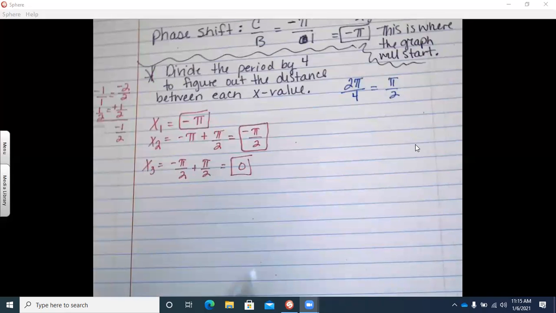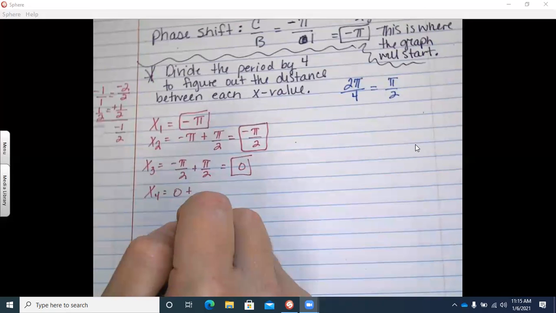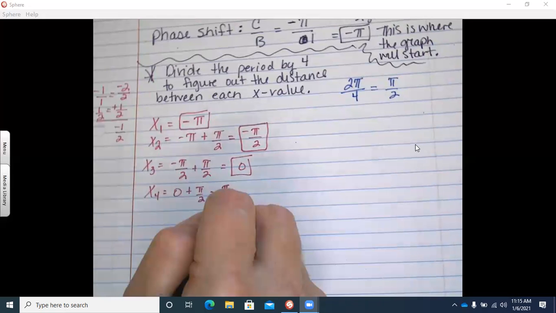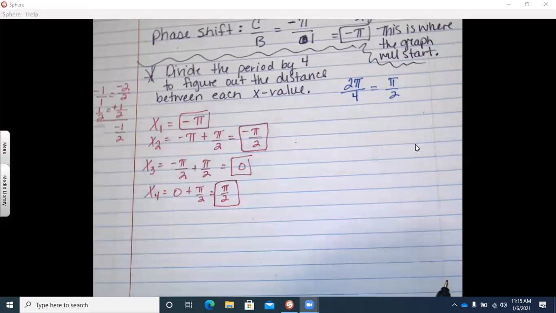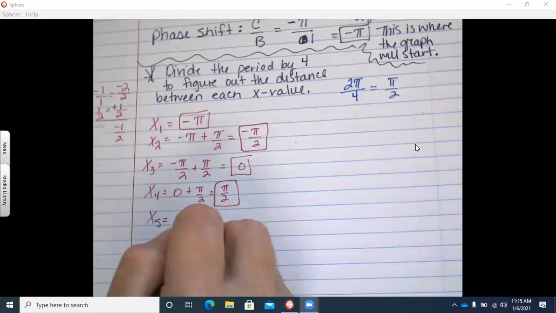So take my third point, 0, add pi halves. 0 plus pi halves is pi halves. To find my fifth point, take my fourth point and add pi halves to it. Well, pi halves plus pi halves is pi. We didn't even have to do very much math on that.